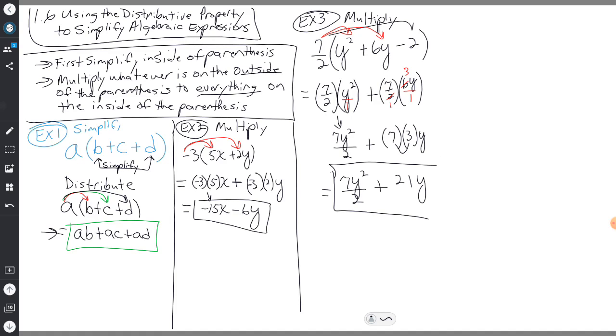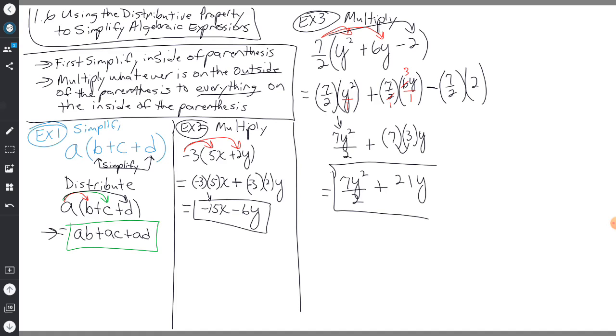So when we have a positive times a negative, that's going to give us a negative, right? And times a negative times a 2, because we already simplified the sign, so I didn't put the negative in front of the 2.